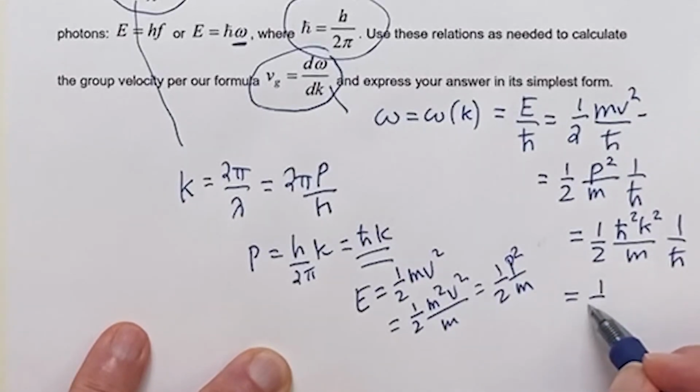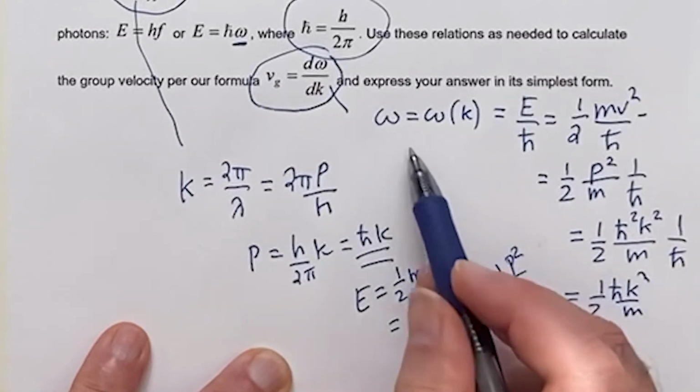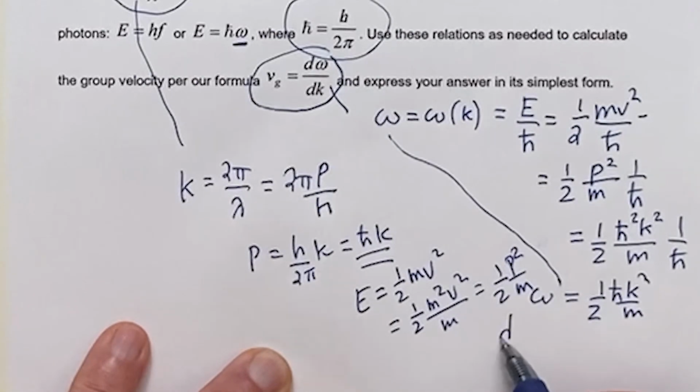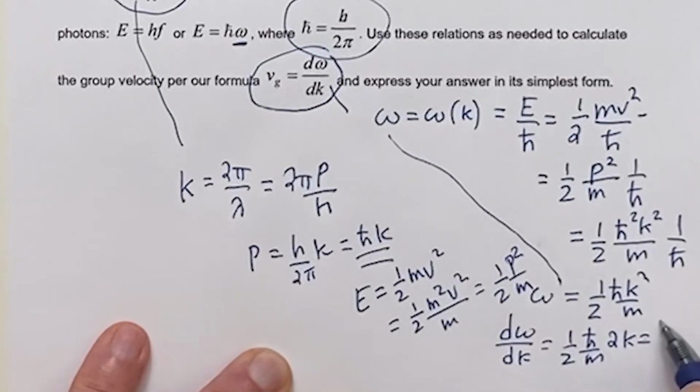This is going to be 1/2 h bar k squared over m, and now I can take my derivative because I have omega in terms of k. So d omega dk is 1/2 h bar times 2k, which is h bar k over m, and the h bar k is the momentum.